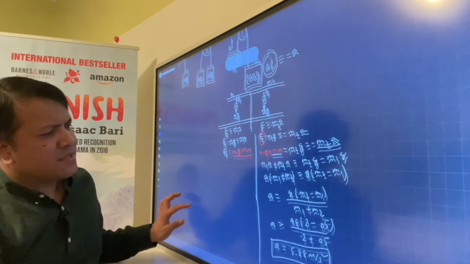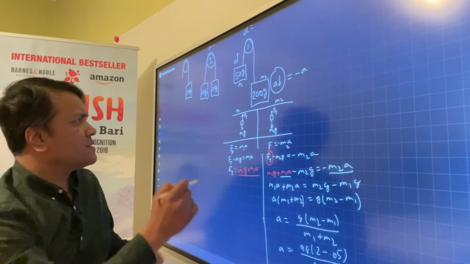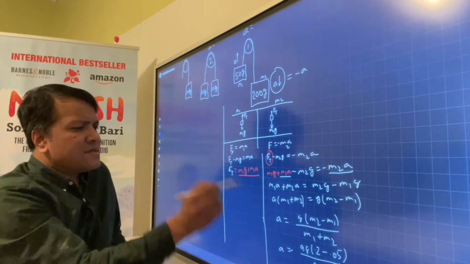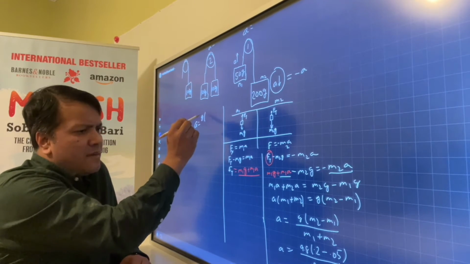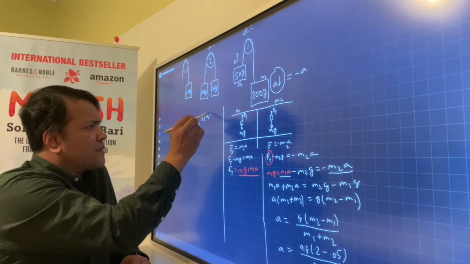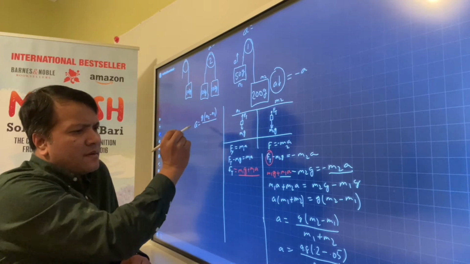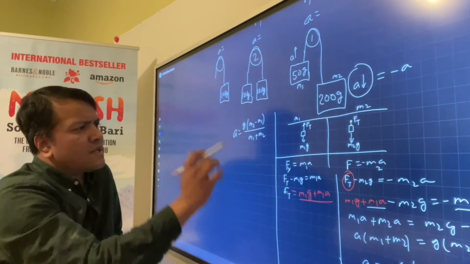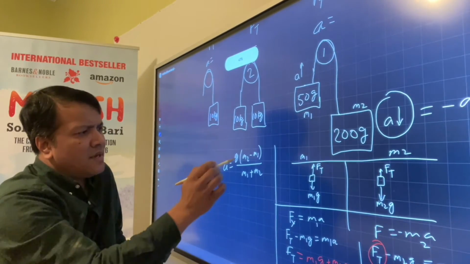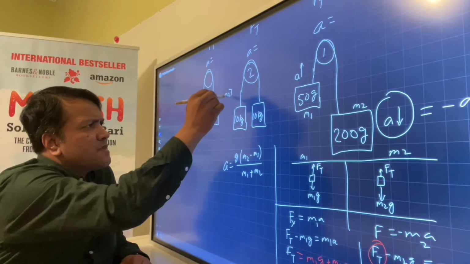Remember our equation. We're going to use that equation. A is g times m2 minus m1 over m1 plus m2. You always want m2 bigger than m1. Okay, m2 must be bigger than m1.